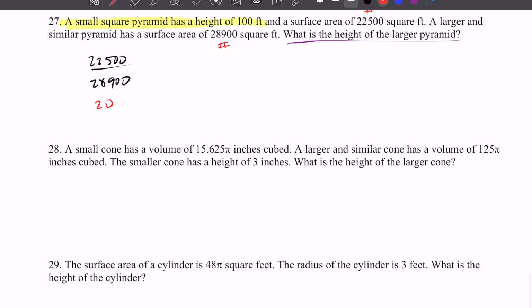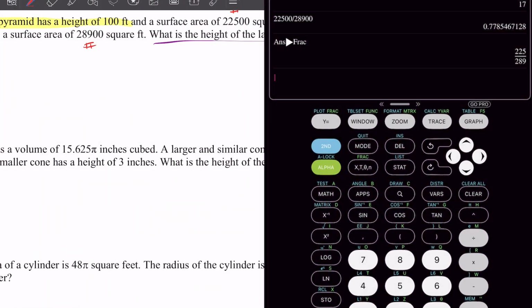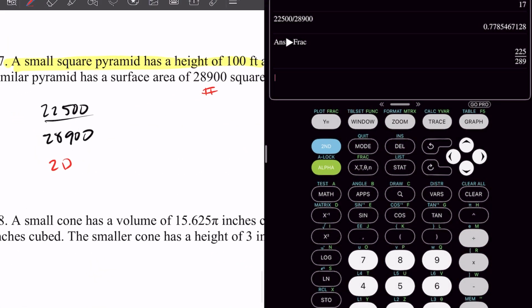This is still a ratio, so let me go ahead and simplify. I always like to simplify my ratios just to be on the safe side. So let me input 22,500 divided by 28,900. And then I have this decimal here, so let's convert that decimal into a fraction. So math, enter.